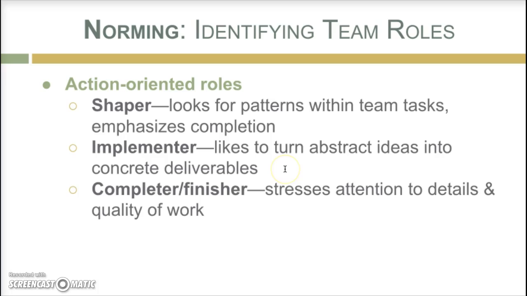The implementer likes to turn abstract ideas into concrete deliverables. So this is someone who is kind of an ideas person, likes to think about the abstract and then see how that can translate into a concrete physical deliverable. And finally, the completer or finisher is someone who stresses attention to details and quality of work. Now, all of these different roles are necessary for a healthy team.